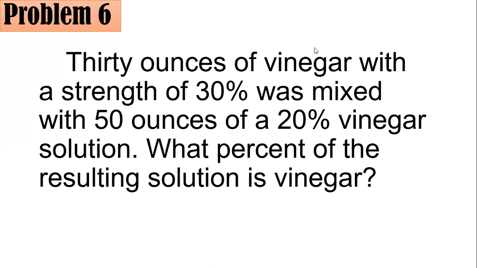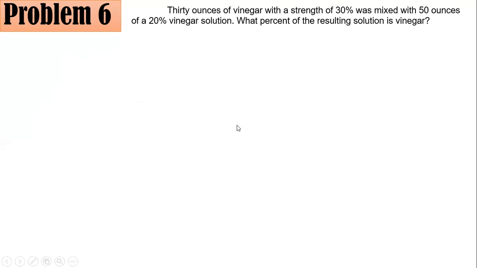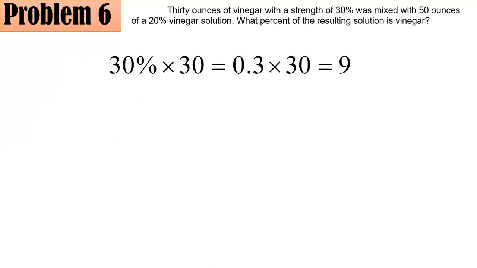Okay. From here, we know that for the first solution, it's 30 ounces and 30% of it is vinegar, which means that 30% times 30, that's 0.3 times 30, which is 9. This tells us that 9 ounces of the 30 ounces is actually vinegar.